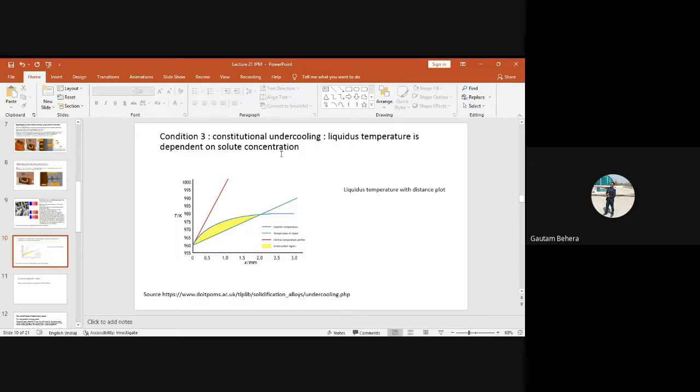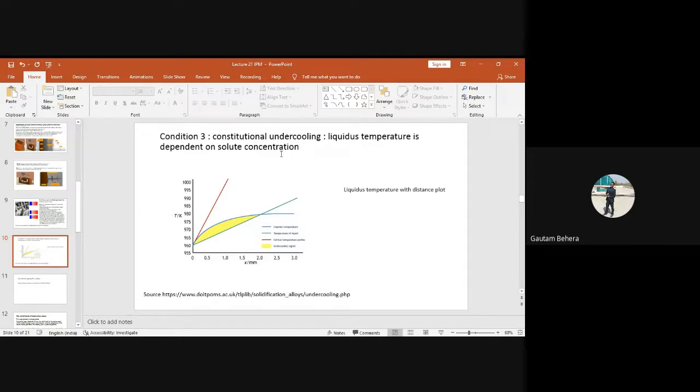But when the initial solid forms at the wall of the mold, that solid will reject some solute into the liquid. So what will happen? A concentration gradient will form due to this rejection of some of the solute by the solidified liquid at the mold wall. So the concentration of solute will be more in the liquid now. So this leads to constitutional undercooling. Some portion of the liquid becomes undercooled automatically. And due to this undercooling, the tree-like structure will form again.